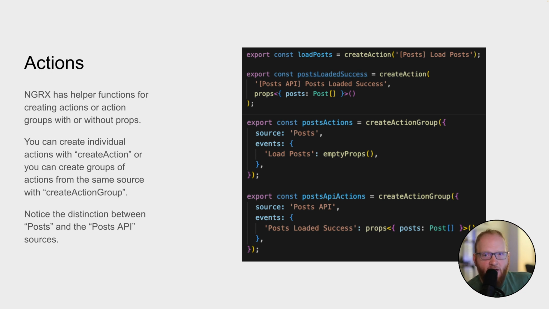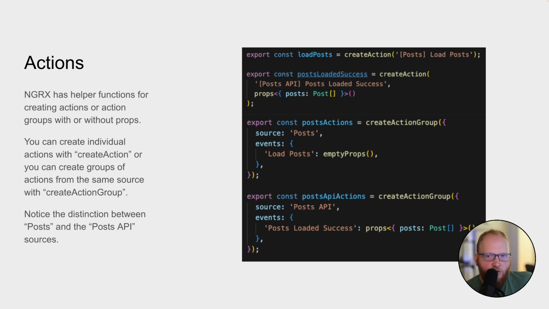So in this particular example, very simple. We've just got posts and posts API, where we're just going to load the posts. And then when the posts get loaded, we're going to set the state in the reducer. The other thing about the create action group: if you notice the source posts, and the create action at the top in the example, it's the same way. It's going to create a string that has square braces for the source.